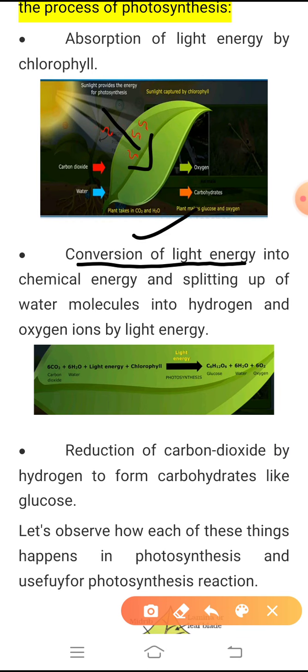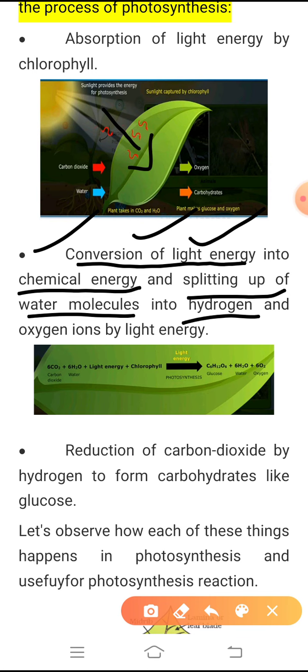How has it been converted? It has been converted by splitting up of water molecules into hydrogen and oxygen ions by light energy.